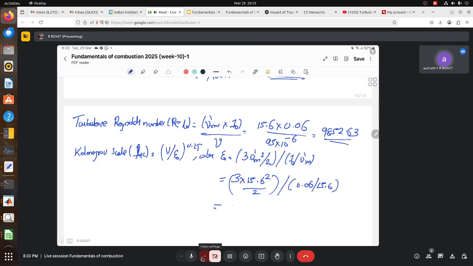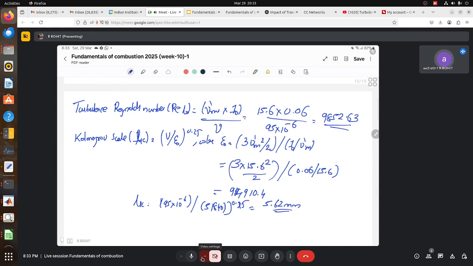So this comes close to 94910.4. Now your Lk is 95 into 10 to the power minus 6 by 5180 whole to the power 0.25. So your Kolmogorov length scale comes close to 5.62 mm.